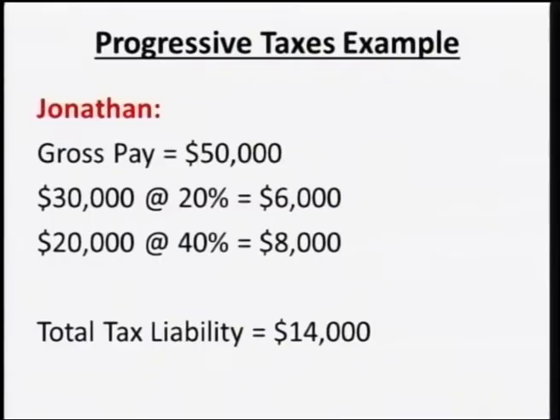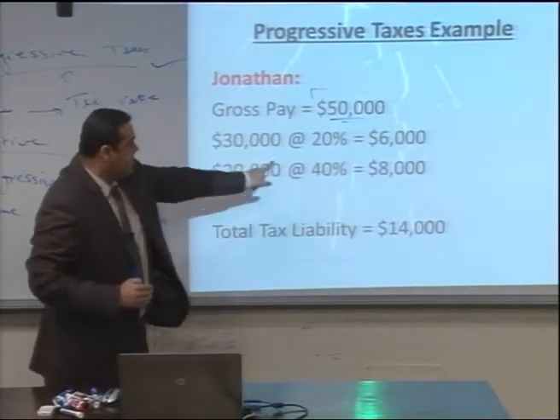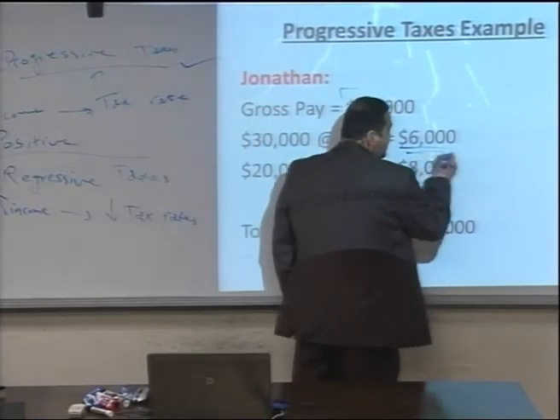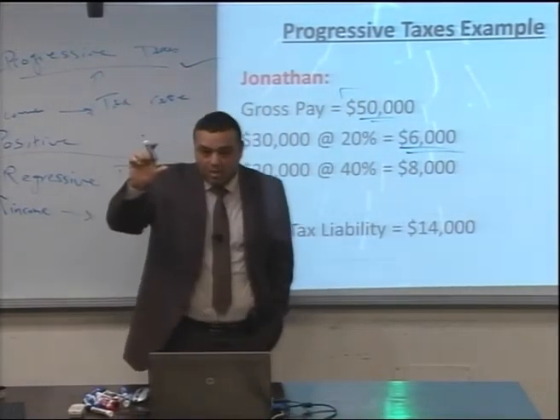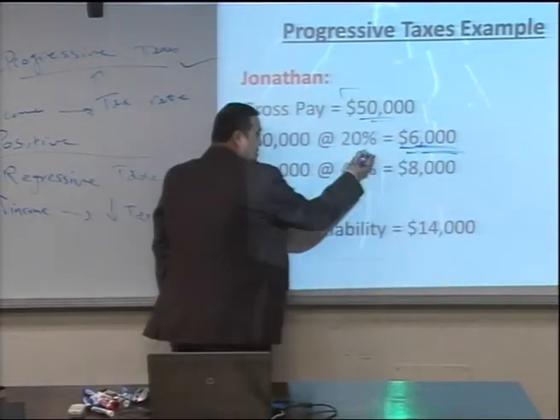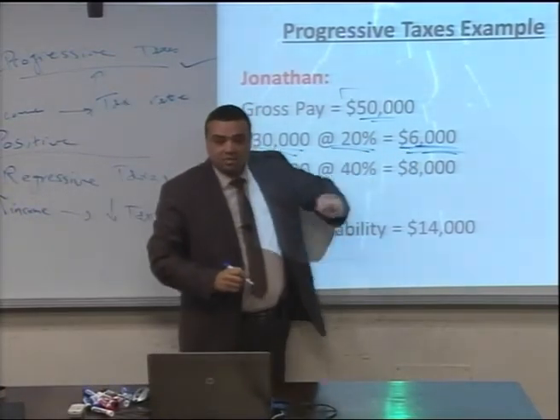Okay? What about Jonathan here? Jonathan's gross amount, or total income, equals $50,000. The first part of his income, $30,000, he has to pay 20%, the same as Paul. According to the first part of his income, 20% times $30,000, he has to pay $6,000.